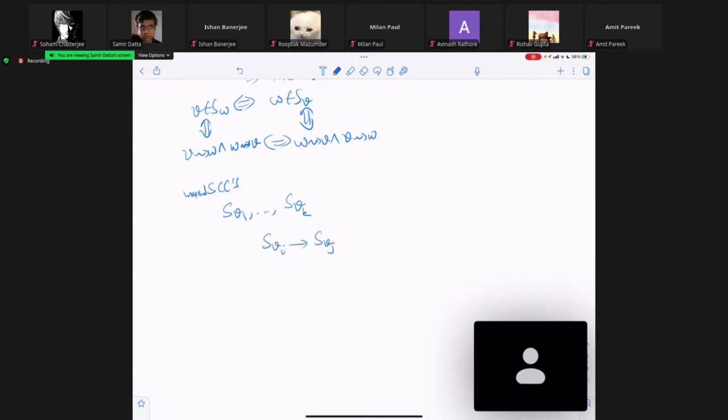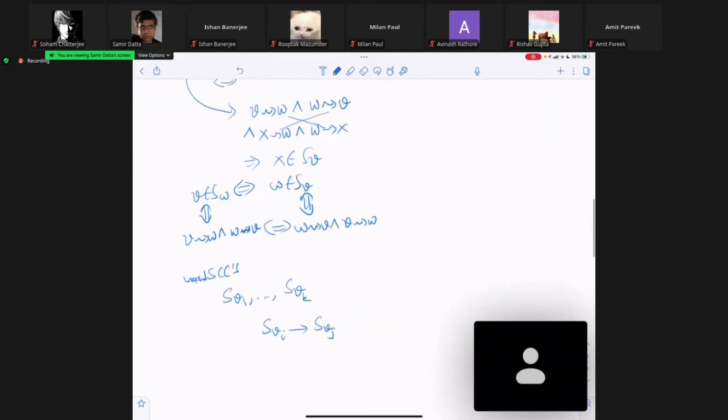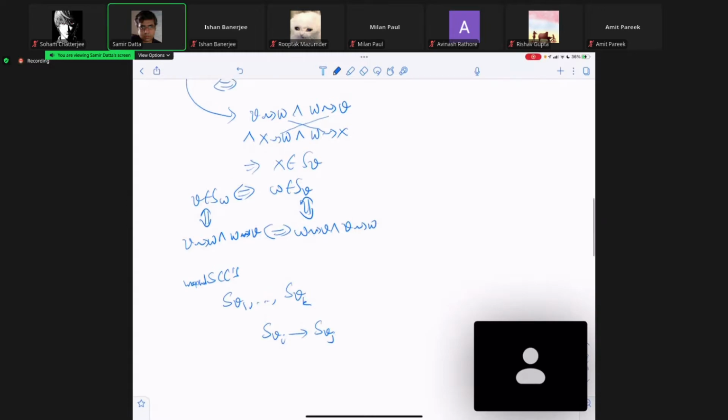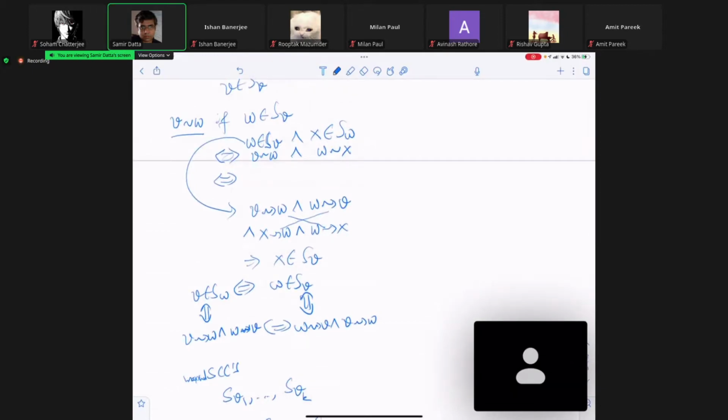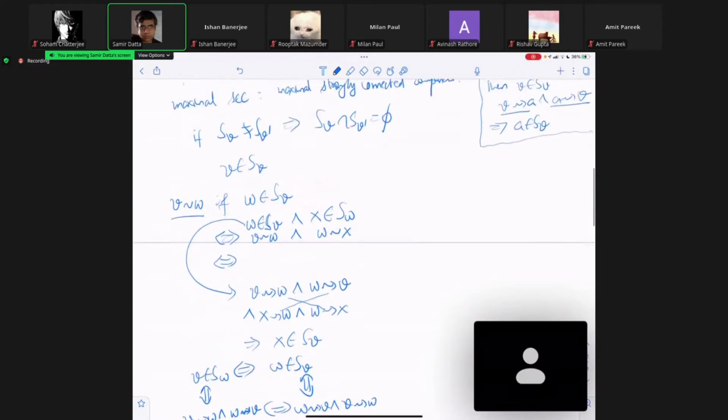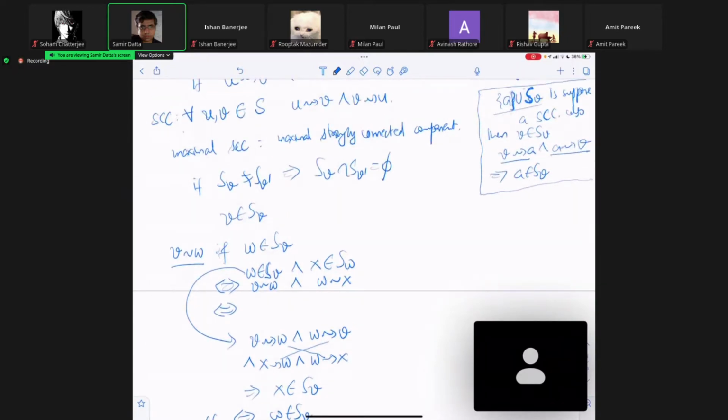Excuse me, sir. The last point which you made, the two strongly connected components, if they have even one common vertex, it means they are the same, right? Yes. So I argued it via the equivalence class thing, that if this relation is reflexive and transitive, then it partitions the universe into strongly connected components, and these are merely these SVs, correct?